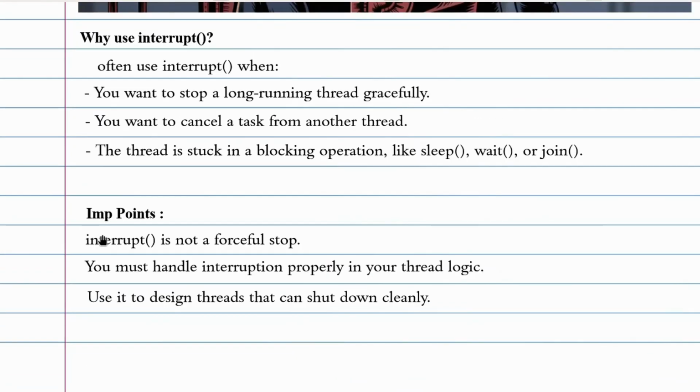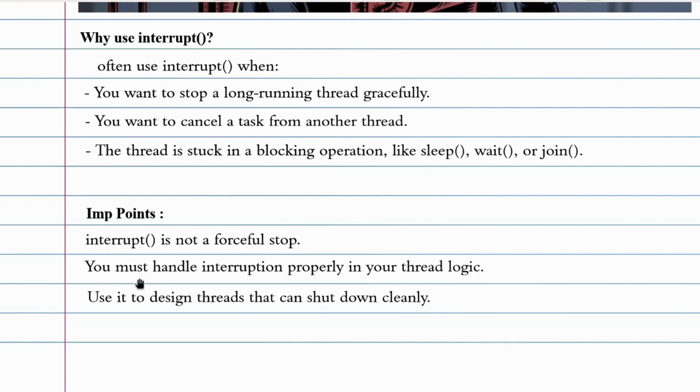Now let's see the important points related to the interrupt method. Interrupt is not a forceful stop. We are not forcefully stopping the thread. When an interrupt gets to the thread, then the interrupt handling will be activated. If the thread is not getting an interrupt, there is no use of the interrupt method.